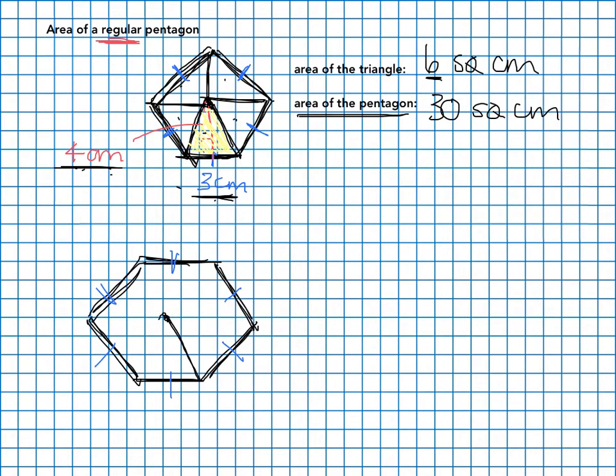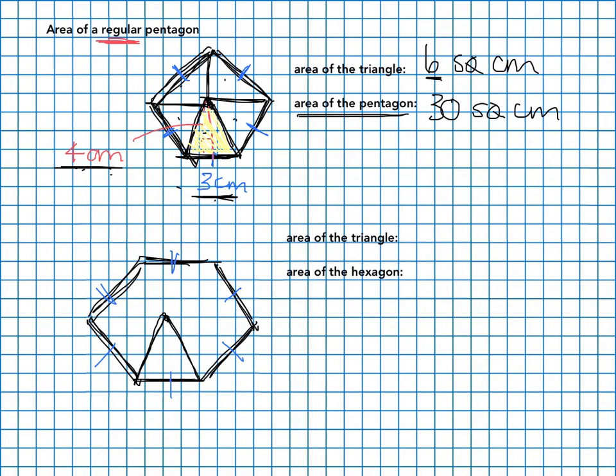Again, we're going to make our triangle, and we are going to be looking for the area of the triangle. And then we're going to look for the area of the, in this case, hexagon. I probably should spell hexagon right. I think it's like that, hexagon. And again, this is a regular hexagon.